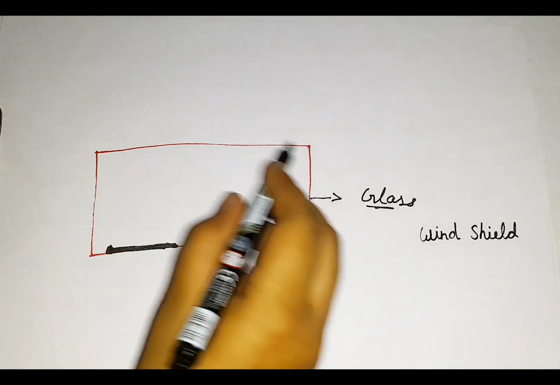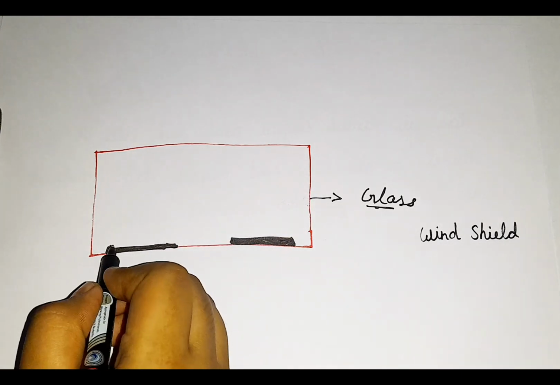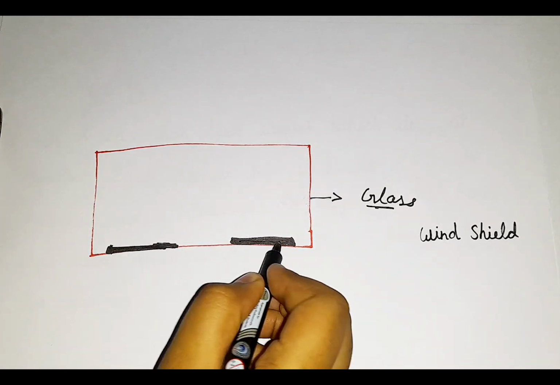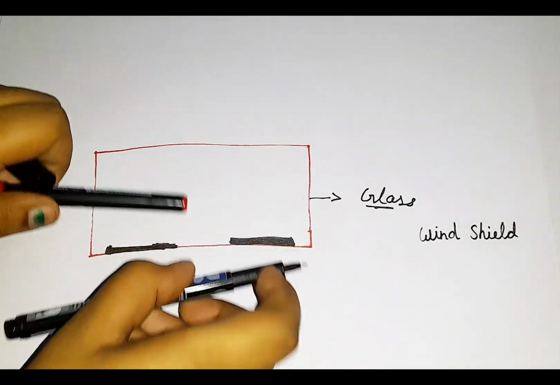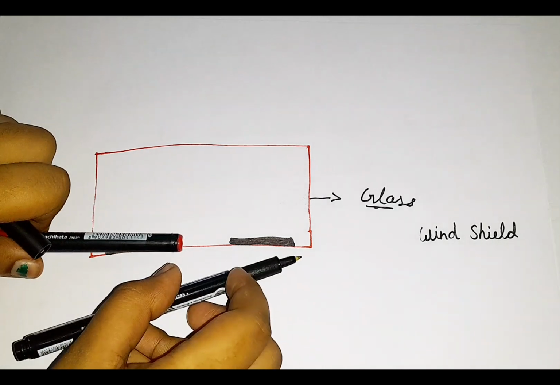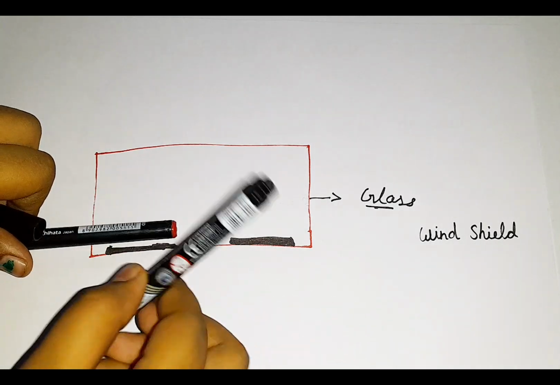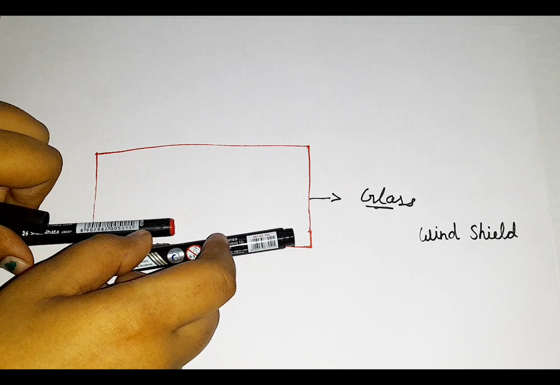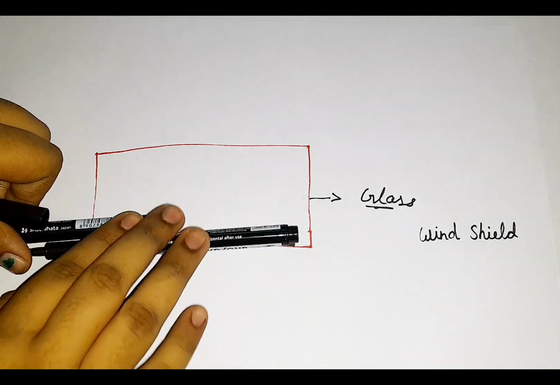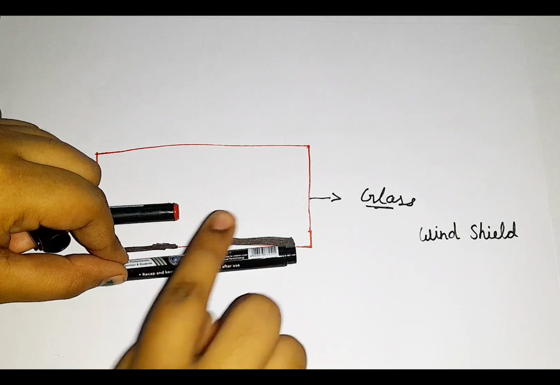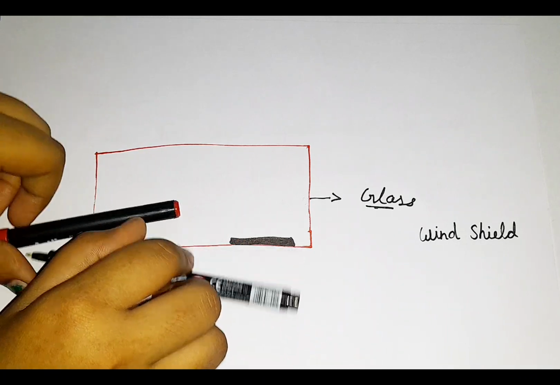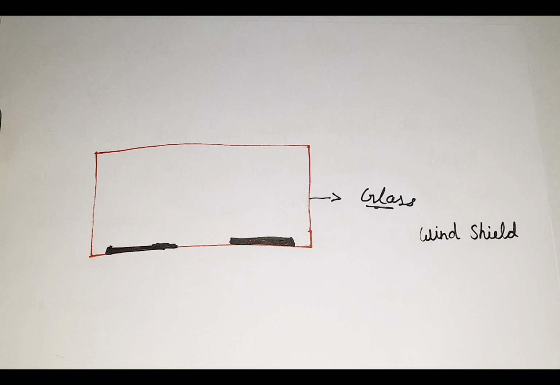So this is the windshield, the front glass, and we have two wipers here. These are the two wipers, and the wiper is placed here. Here the pen is a little bit big, so it is hard to understand. Once again, the wiper is somewhat like this. This portion is not included, only this much portion of the pen is included. If you don't understand, I'll get a small pen.